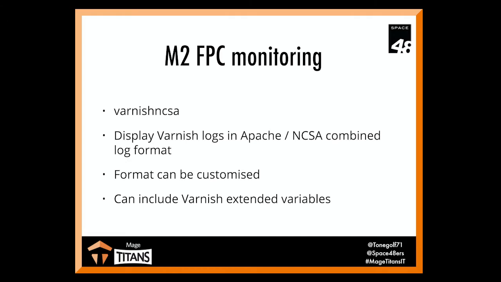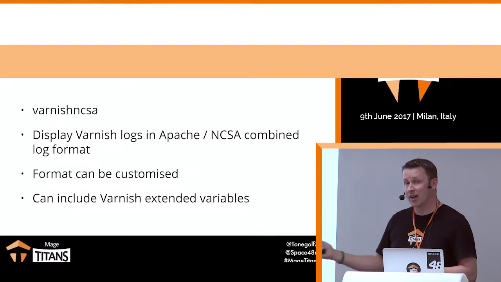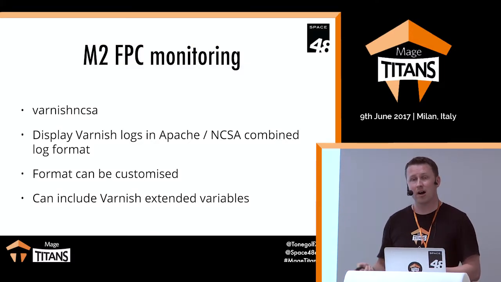There's another command line tool that ships with Varnish called varnishncsa. And what this simply does is generate something very similar to an access log for your web server. So it's logging out all the requests that Varnish is dealing with. And by default, it will look like an Apache log. But what you can do is customize the format of this log.